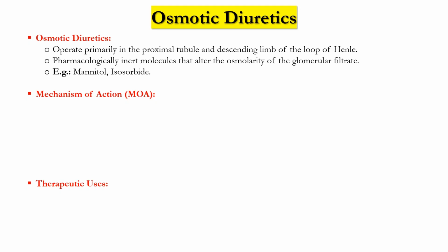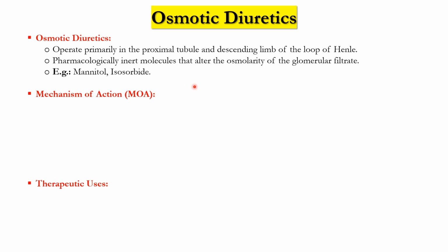They are agents that mobilize fluids by increasing the osmotic pressure in the tubules, and they operate primarily in the proximal convoluted tubule and in the descending limb of the loop of Henle. As I've already said, they are pharmacologically inert molecules that alter the osmolarity of the glomerular filtrate.